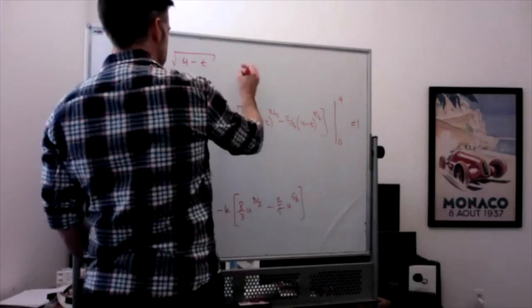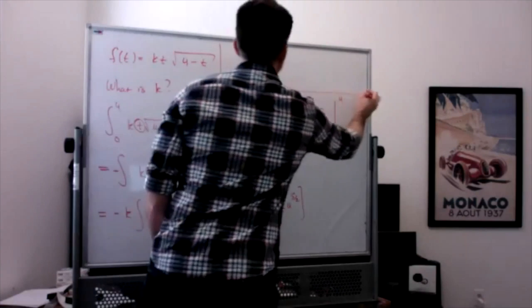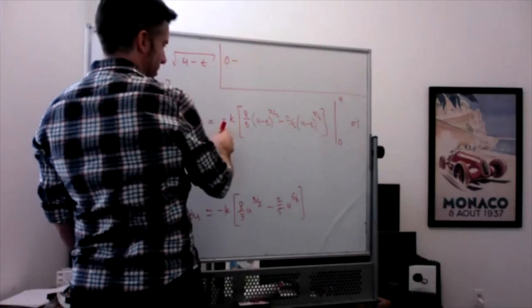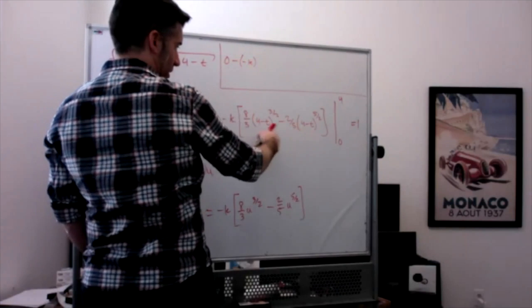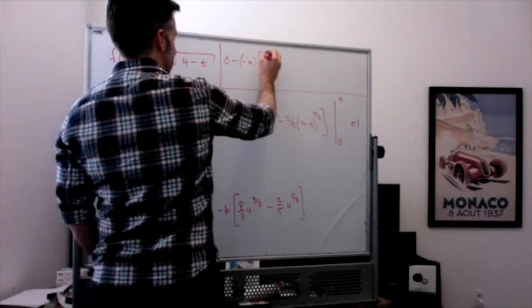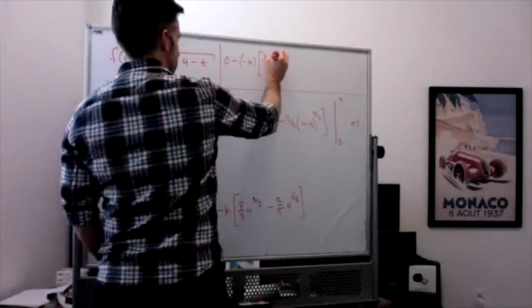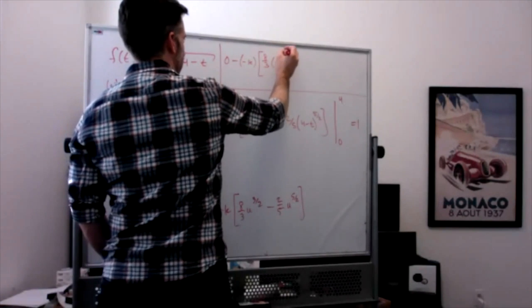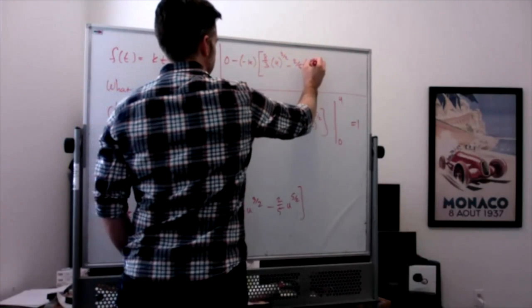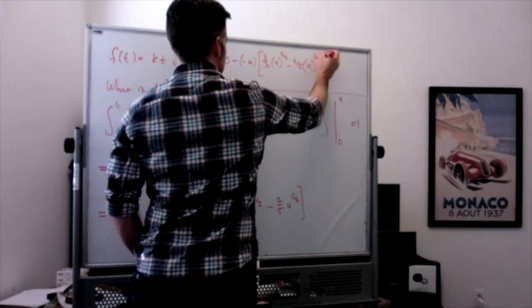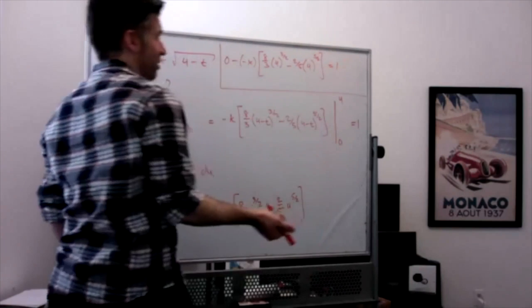And then I'm going to get 0 minus negative k times all this when I plug in 0, which is going to be 8/3 times 4 to the 3/2 minus 2/5 times 4 to the 5/2. That's supposed to equal 1.